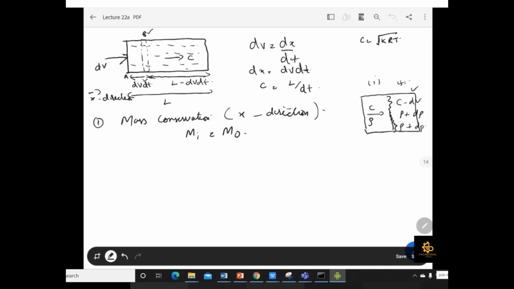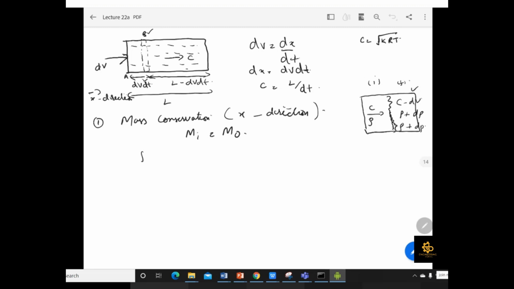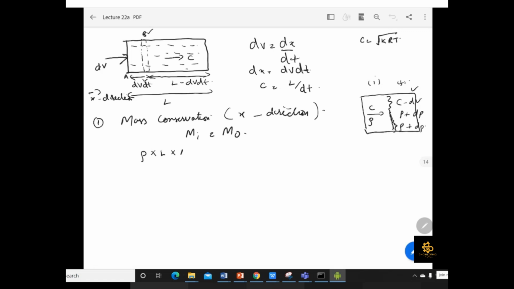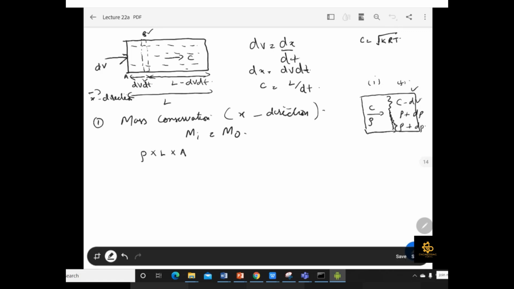Using this data, we can say that mass is equal to rho into volume. So I can say rho into length of my piston cylinder arrangement, into area of the cylinder. This is my initial point.